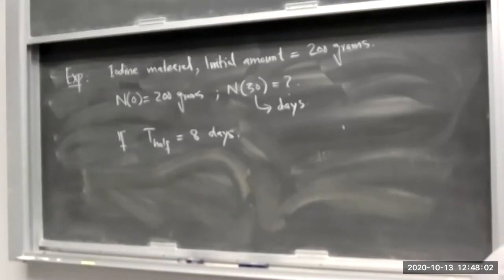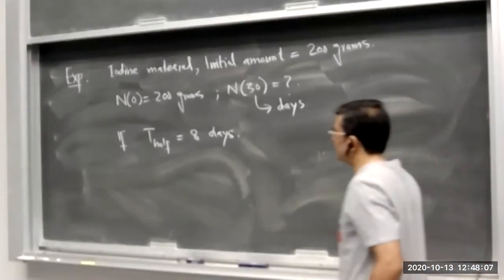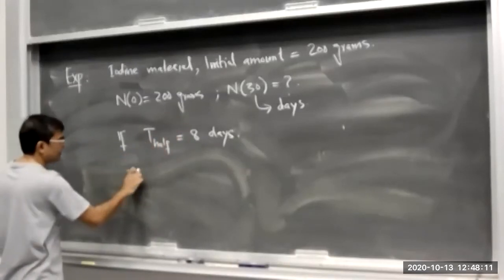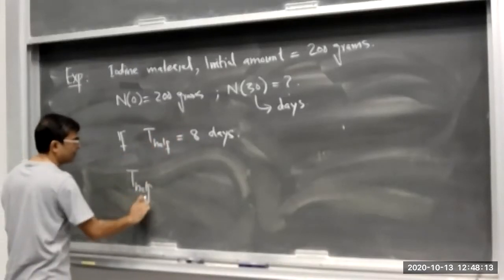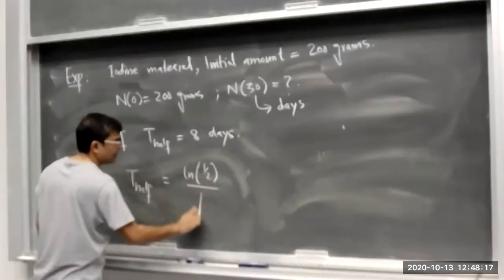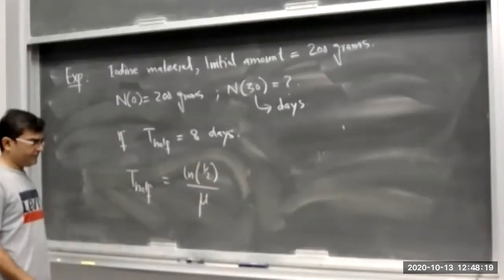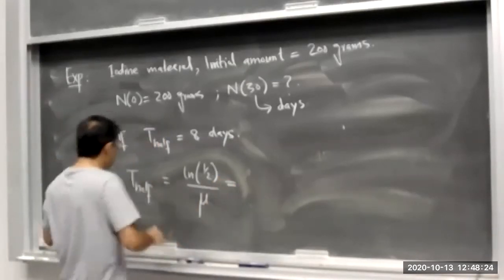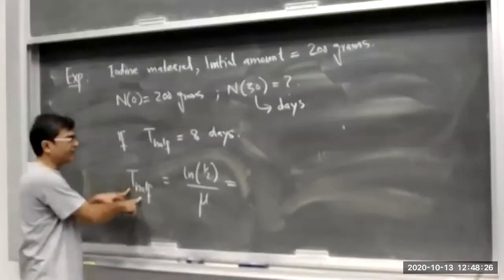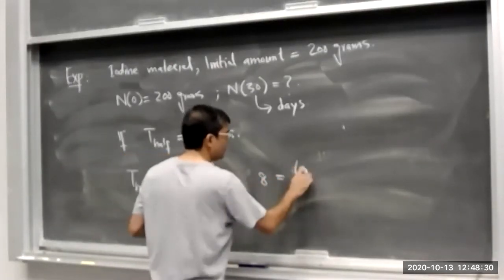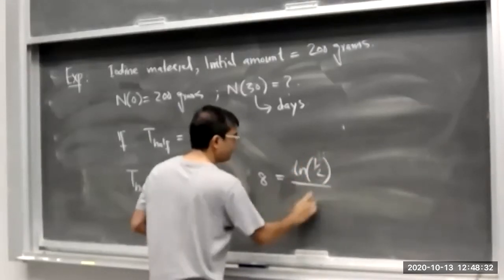Now, here the decay rate is not given. In fact, we are given the half-life. We know that the half-life formula is natural log of 1/2 divided by the decay rate, mu. So T half is given. It is 8 is equal to natural log of 1/2 divided by mu.